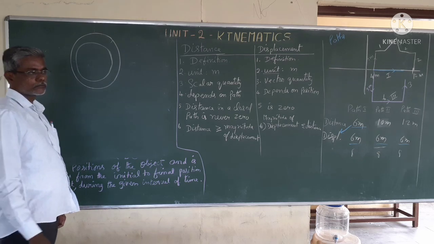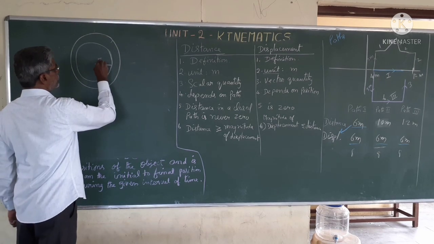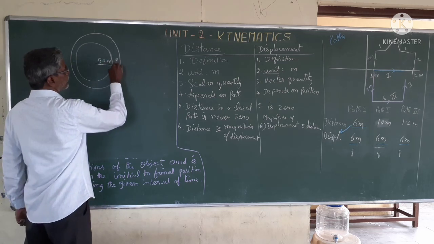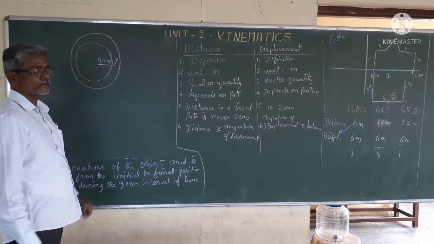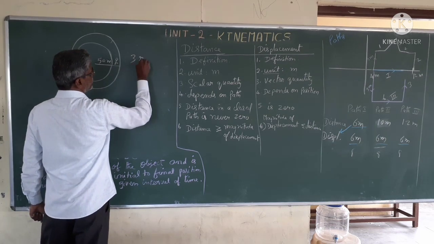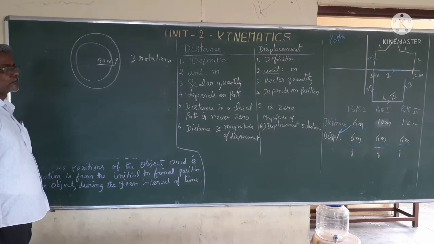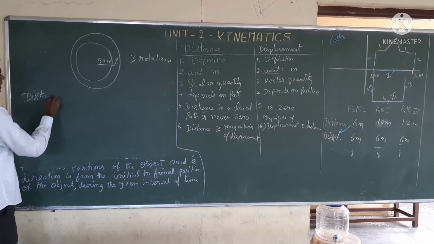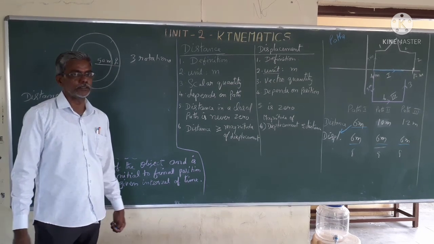A ground which is of radius 50 meter. An athlete starts running and runs 3 rotations. What will be the distance and displacement?